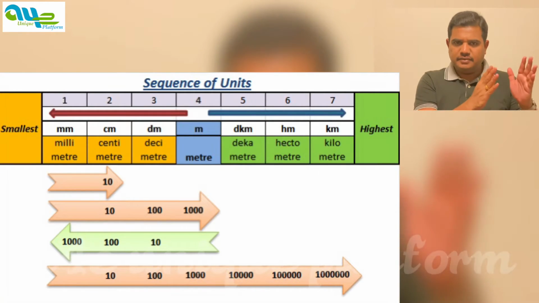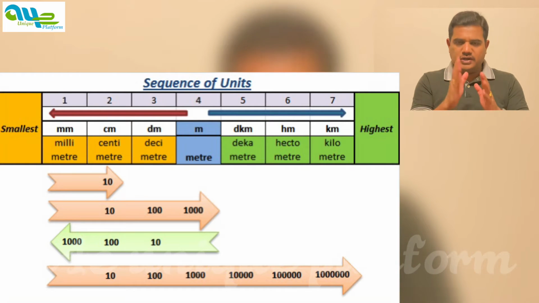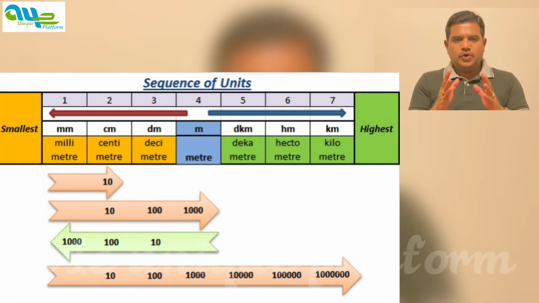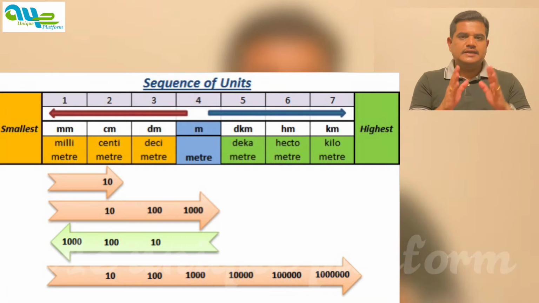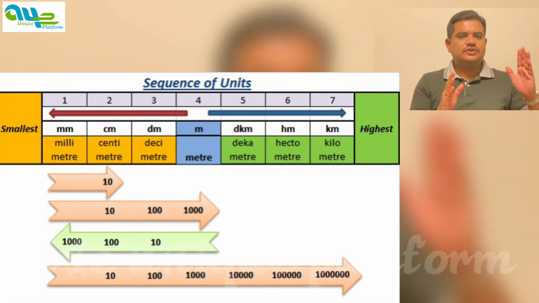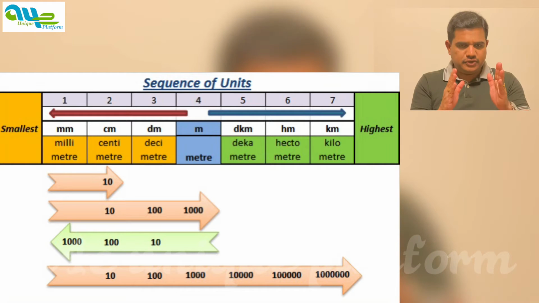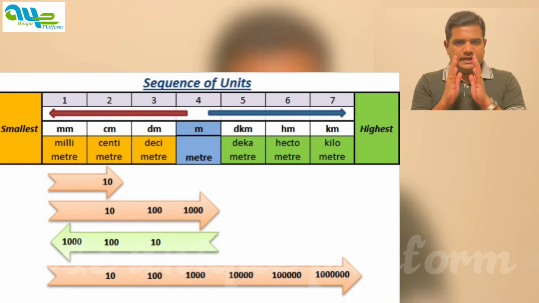The second logic is going from which unit to which unit, there are 7 units in the sequence. If the question is 1 millimeter equal to how many centimeters, millimeter is in the first position, centimeter is in the second position, so you need to use 10. When you go from millimeter to meter, millimeter is in the first position, second position 10, third position 10, fourth position for meter another 0.